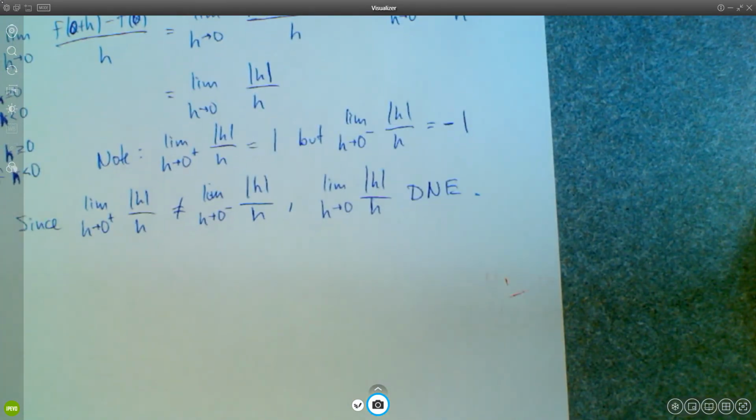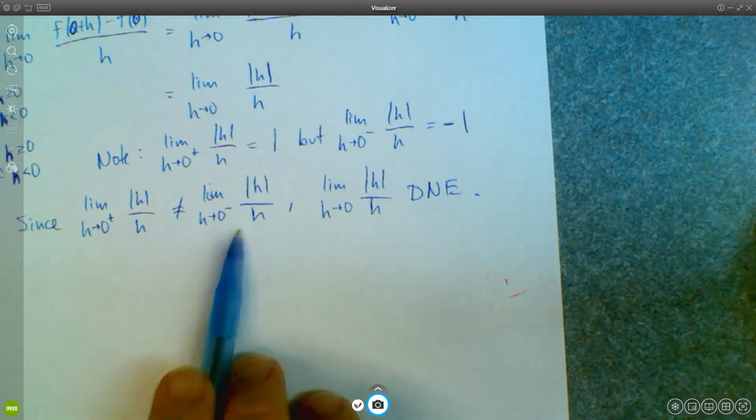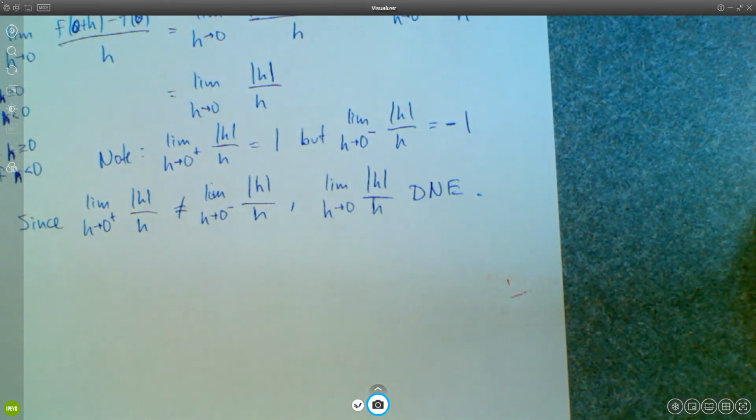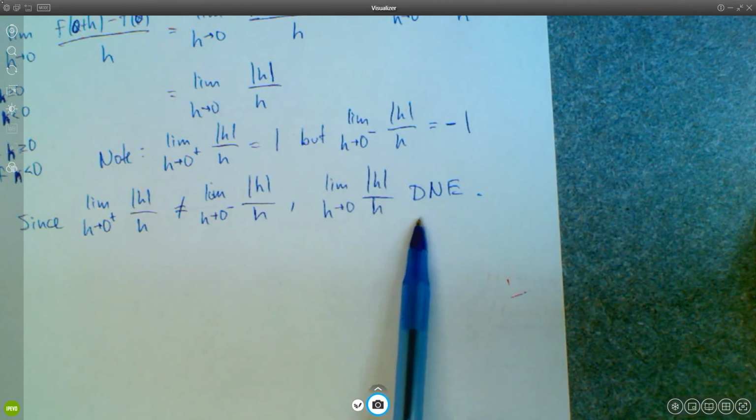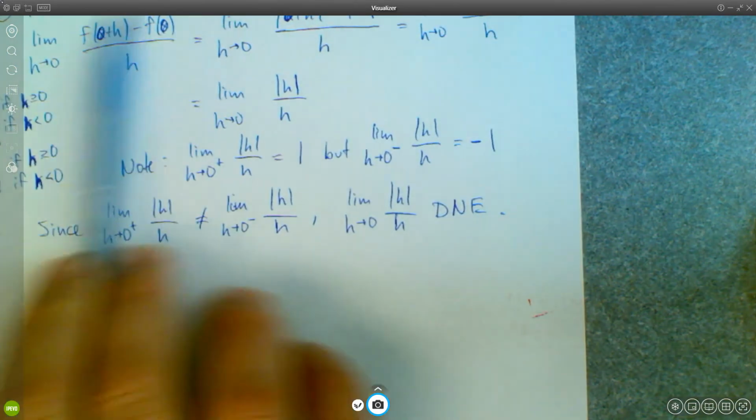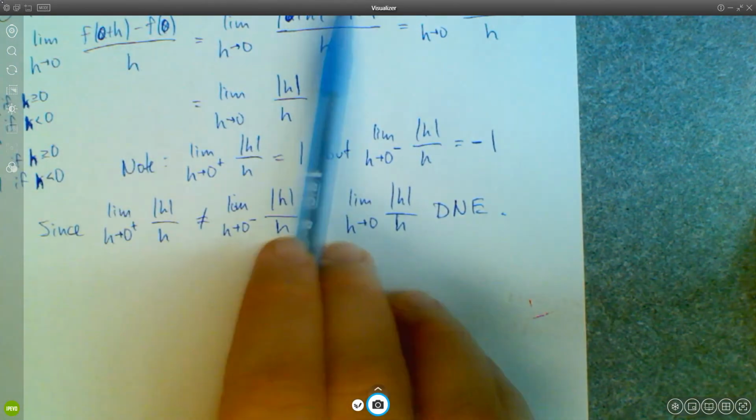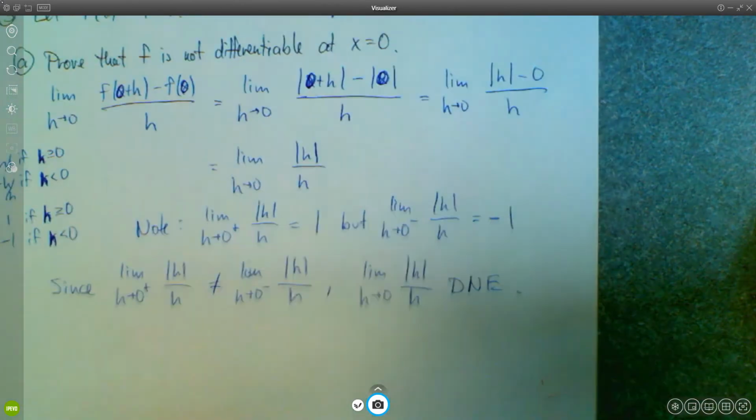So since your one-sided limits don't match, your two-sided limit does not exist. Since that limit doesn't exist, that means this limit doesn't exist, which means that f is not differentiable at 0. So we've done it. We've shown it.